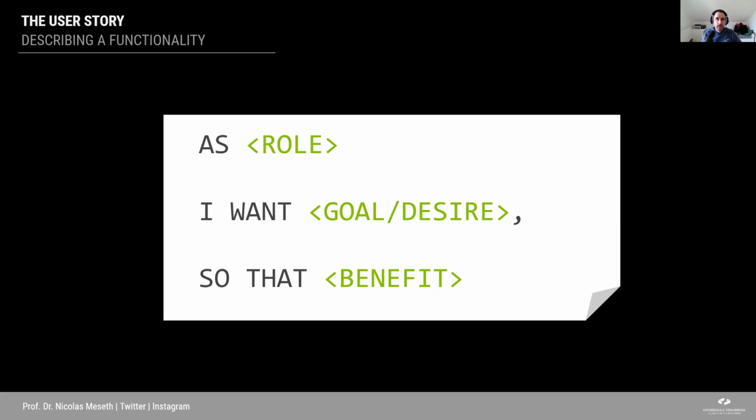So if we think about how requirements for a complex product are generated or gathered, well, that's usually by asking people who are going to be using the product what they need, what their needs are, what their problems are. So what functionality should the product offer so the problems can be addressed?